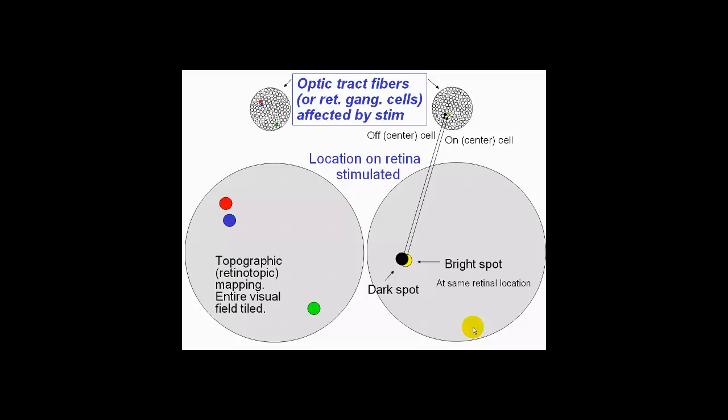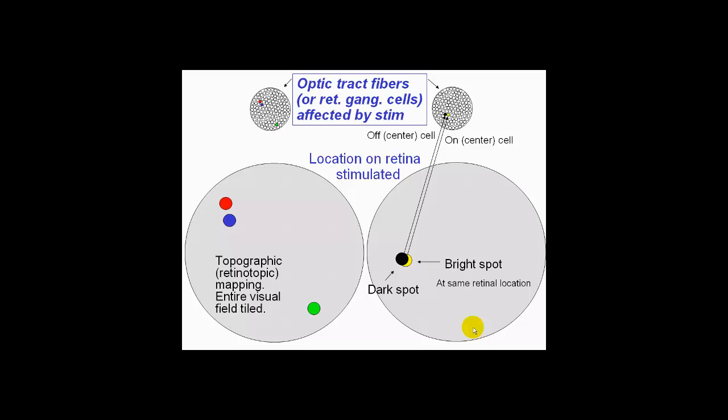Now, another interesting fact is that for any given location on the retina, you activate certain ganglion cells that will be close together in the retina, and that will have axons that are close together in the optic tract.